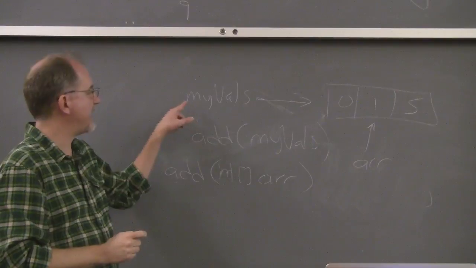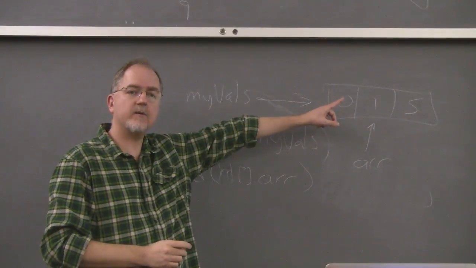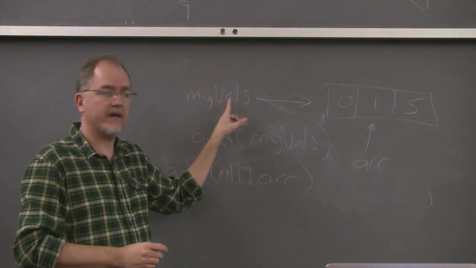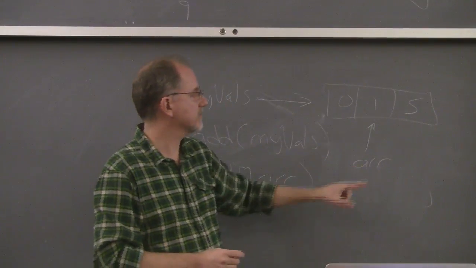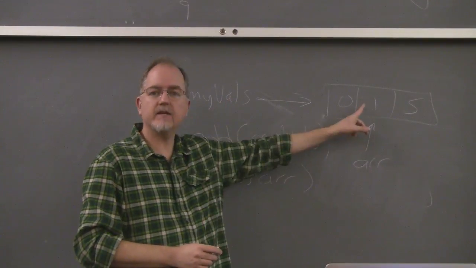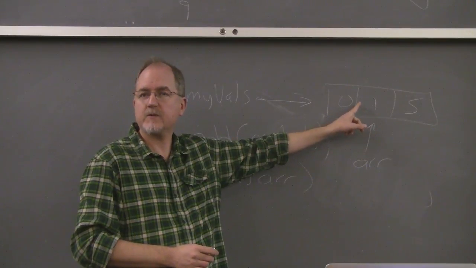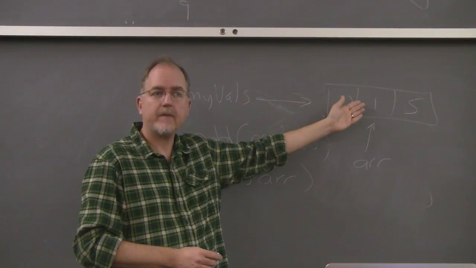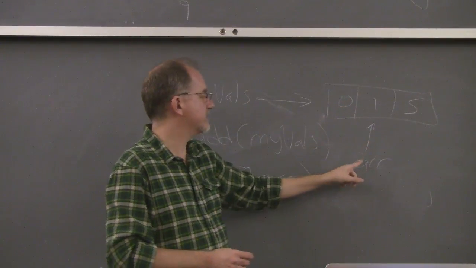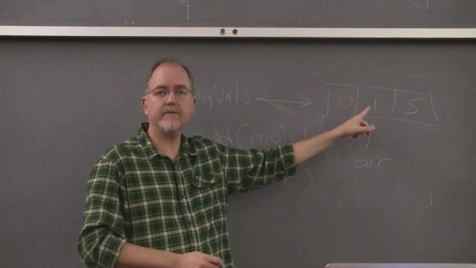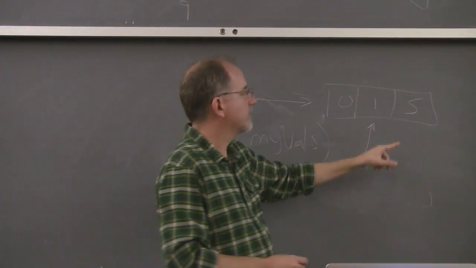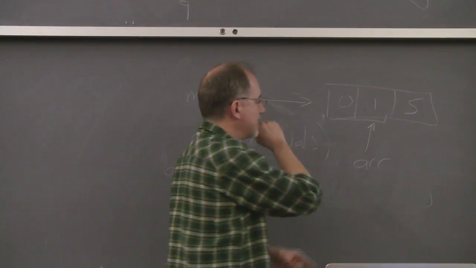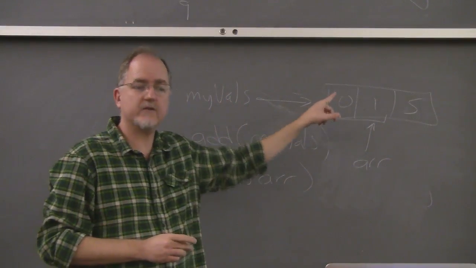So when I pass an array as an argument to a method, I'm really passing the reference to that array, and the parameter takes on that reference and is referencing that same object. So again, it's not a separate array being passed to this add method. It is a shallow copy of the array. So when I say add together 0 and 1, I'm really adding together these two values here and pulling those out of the original array.